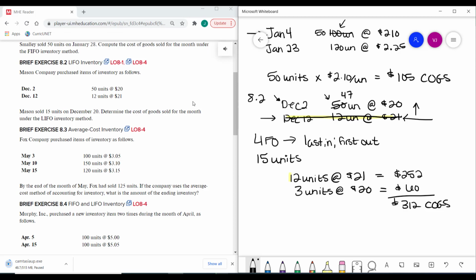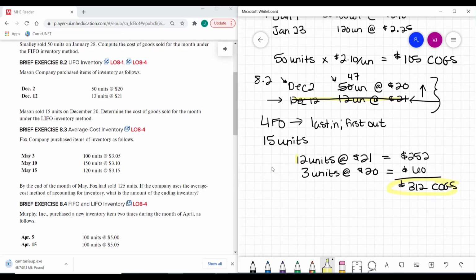That's besides the point. But for bookkeeping purposes, we just need to figure out some standardized method, whichever one is picked, to determine, okay, when we make a sale, what are we assuming? Or which batch are we assuming we're pulling from first? Okay? So our cost of goods sold for this one is $312.